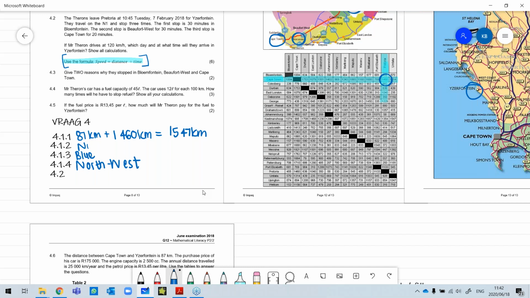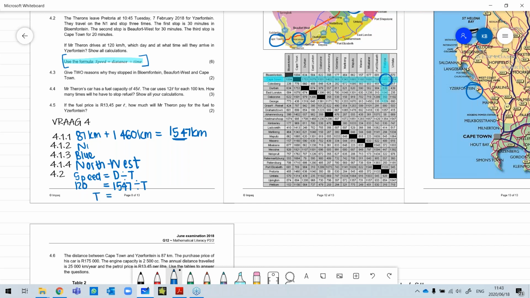So we've already determined, if we use this formula, speed equals distance divided by time. They already told us that Mr. Theron is driving at a speed of 120 kilometers per hour. The total distance we calculated here by 4.1.1 as 1547 kilometers, and then the time is what we would like to calculate.